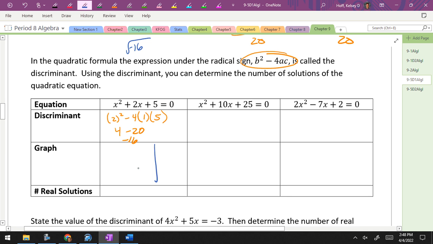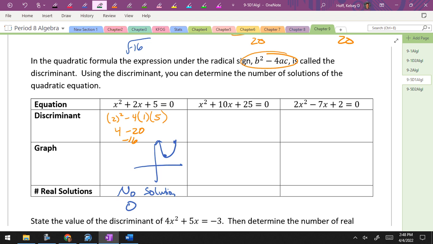So if I was graphing this, it would be one where it never touches the x-axis, meaning no solution, or the number of real solutions would be 0. If that discriminant is negative, you cannot find the square root of a negative number. It does not exist. You have 0 answers, no solution.